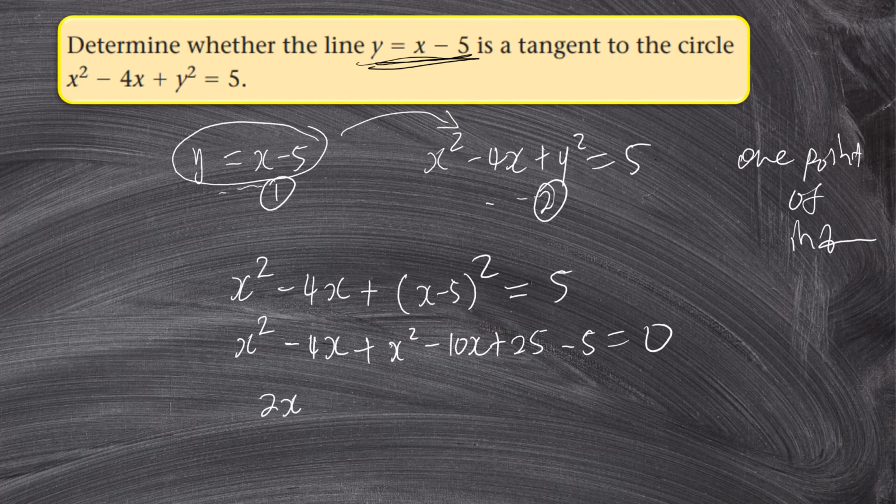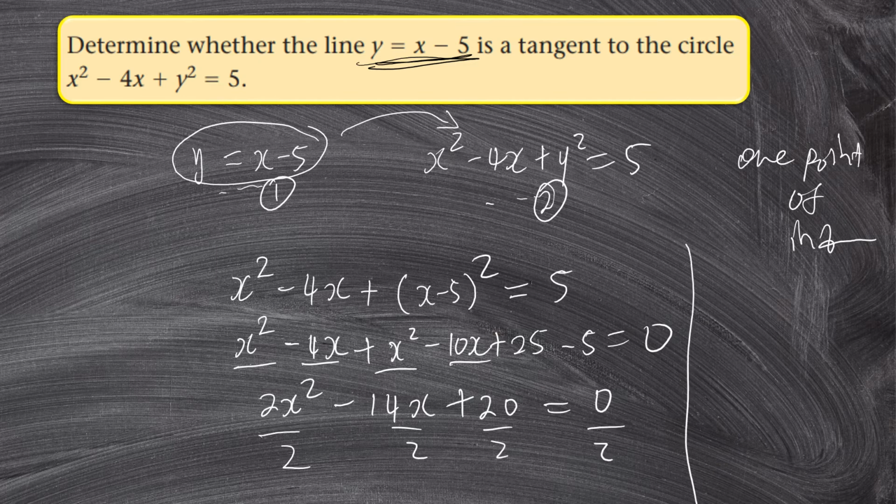So it's going to be 2x squared minus 4x minus 10x, which is minus 14x, plus 20 equals 0. If we divide both sides by 2, we'll be left with x squared minus 7x plus 10 equals 0.